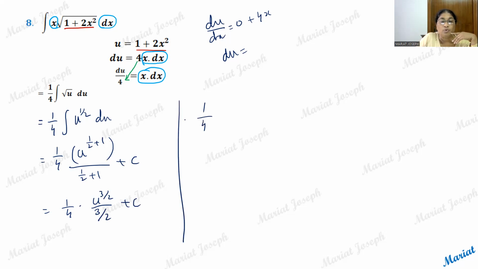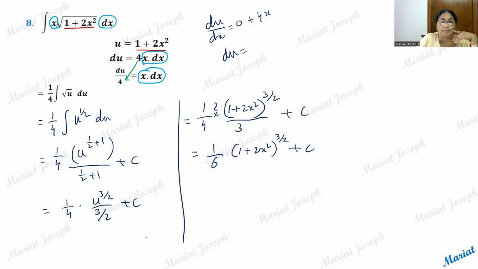U was 1 plus 2x square, to the power 3 by 2 upon 3 by 2, meaning 3 goes below and 2 in the numerator. So 2 by 4 is 1 by 2, 1 by 6 into (1 plus 2x square) raised to the power 3 by 2 plus c. This is question number 8.